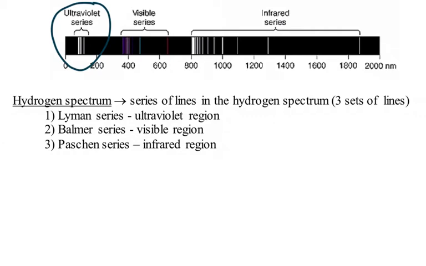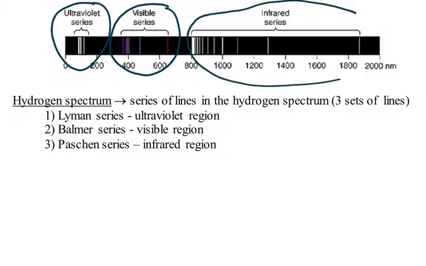The only ones visible to us, which produce various colors ranging from violet to red, are the Balmer series, the set of lines produced in the visible region of the spectrum. And then we have a few lines in the infrared region. Again, humans cannot see this part of the spectrum.